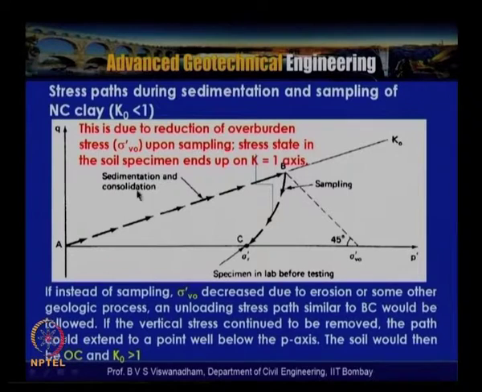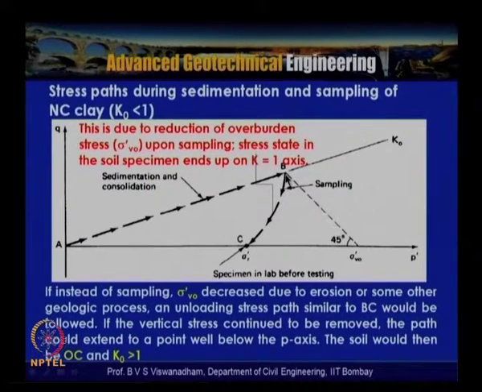Here this is due to the reduction of the overburden stress upon sampling. This path takes place because of the reduction of the overburden stress, because we have taken the sample out, and the stress state in the soil specimen ends up on the K equal to 1 axis.